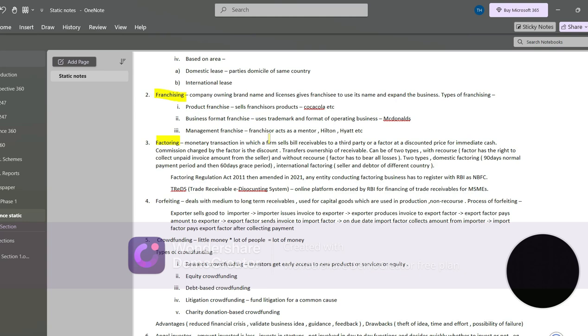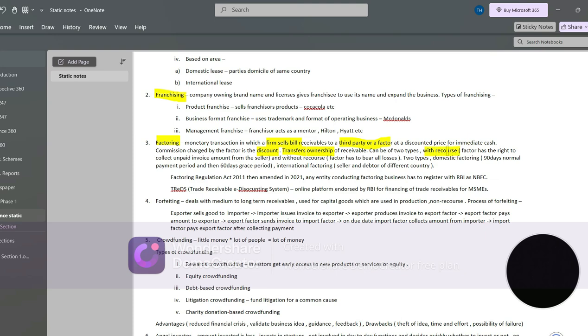The third party charges a certain amount of commission, known as the discount, so the bill is bought at a lesser price, and the ownership of the bill is transferred and now belongs to the factor. So the firm sells the bill to a third party or factor at a discount, and ownership is transferred. This is what happens. That can be of two types.